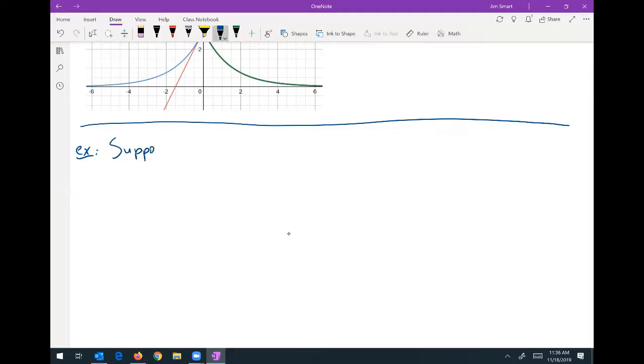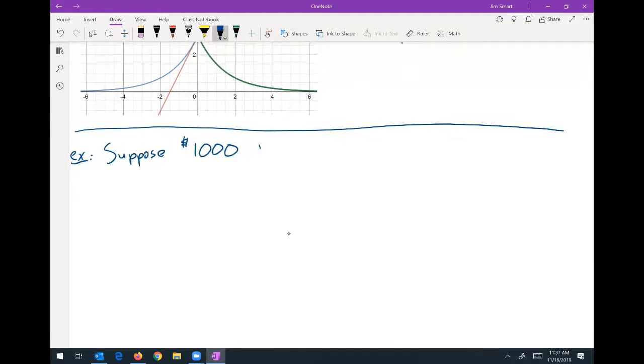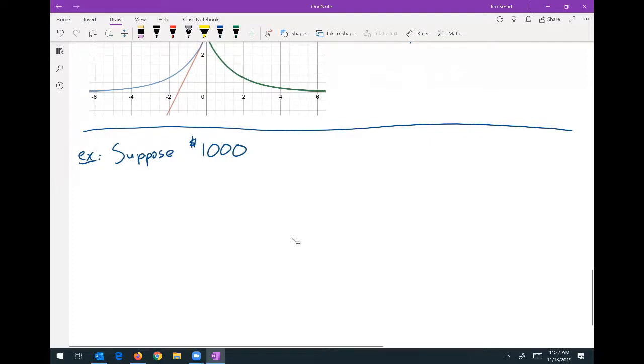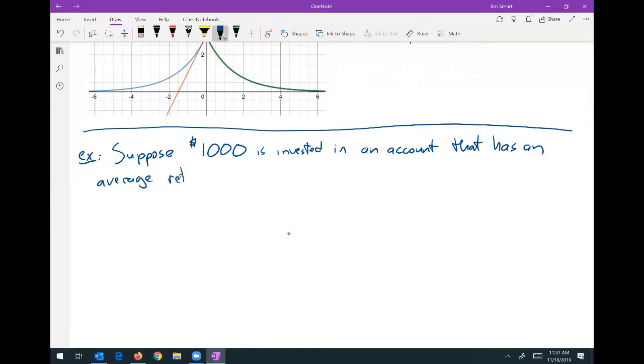Suppose, let's pick just an easy number to work with. $1,000 is invested in an account that has an average return of 5% per year.